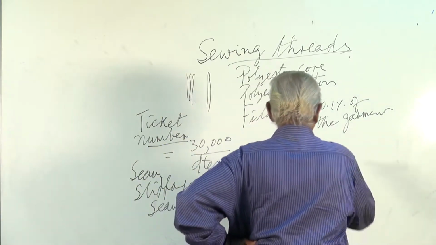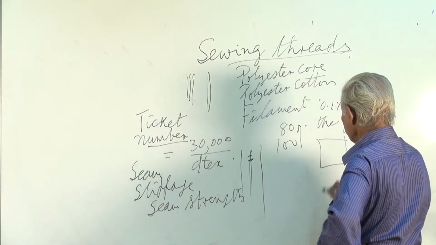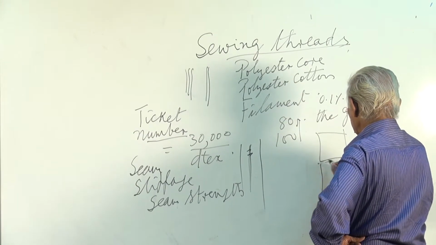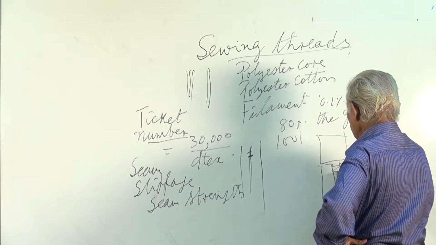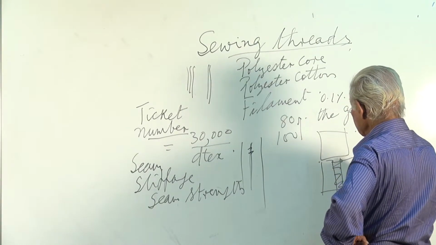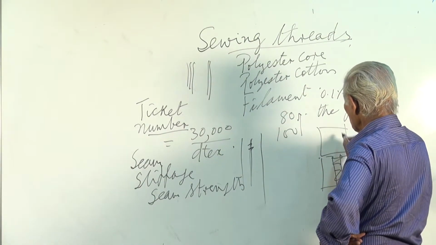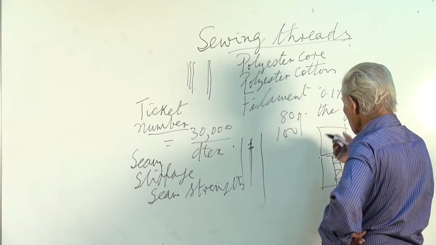Suppose a fabric is tested for strength and the same fabric is cut into two pieces and a seam is put, and this is tested for strength. This will give a lower value compared to the fabric in which there is no seam.